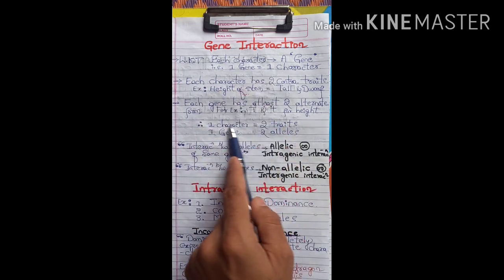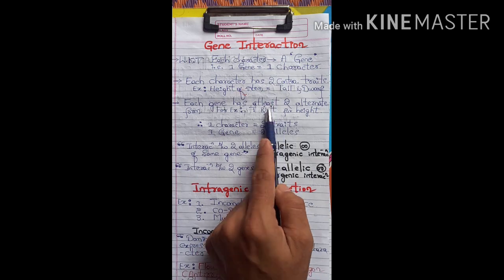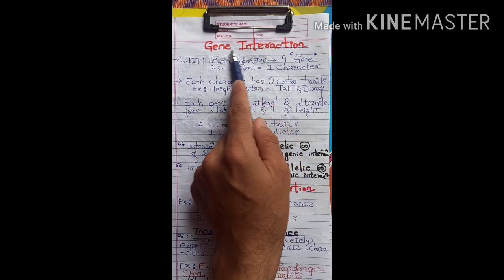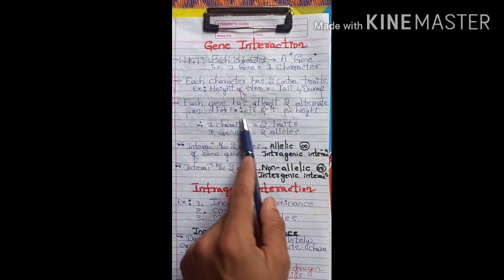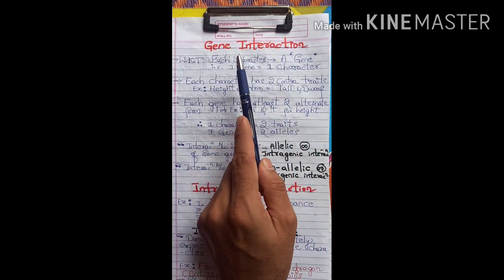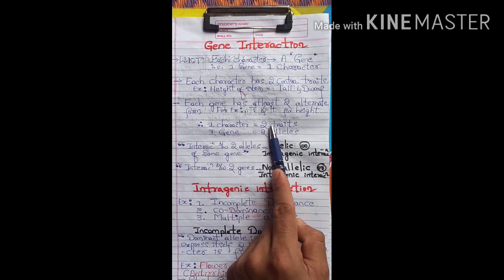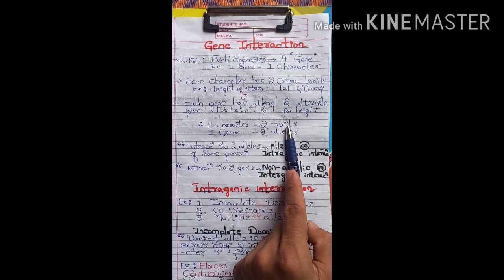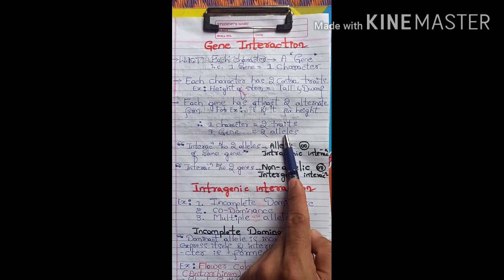Got it? So these are the 3 important basic things that you have to remember in genetics when you are studying especially this topic, gene interaction. This is all related to Mendelian genetics. 1 character is equal to 1 gene. Again, 1 character has at least 2 contrasting traits, and 1 gene has 2 alleles.